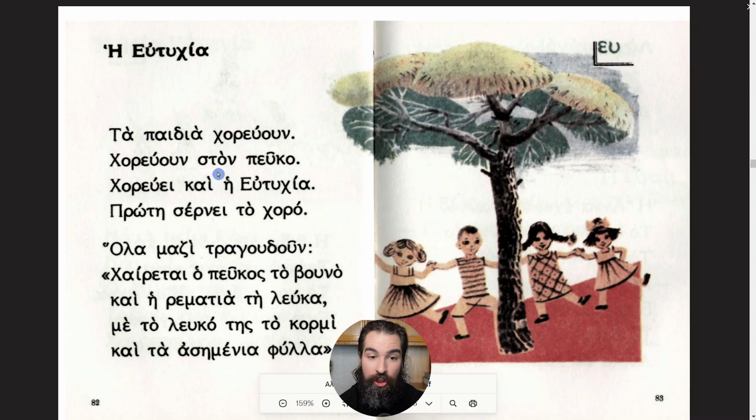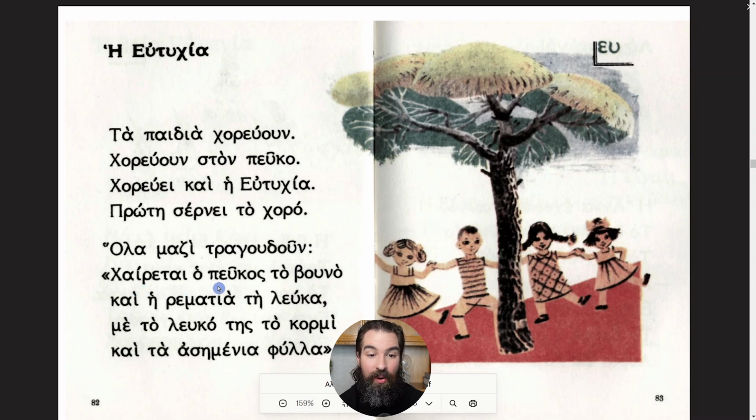Χορεύουν στον πεύκο. Χορεύει και η ευτυχία. Πρώτη σέρνει το χορό. Όλα μαζί τραγουδούν. Everyone sings together.